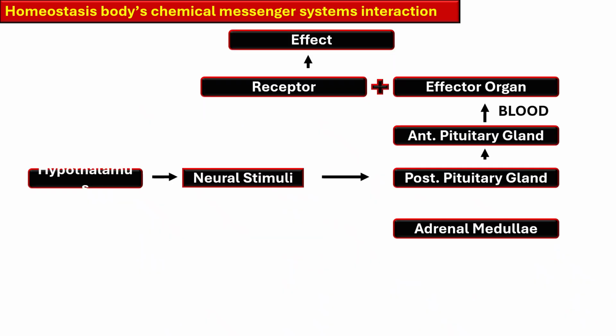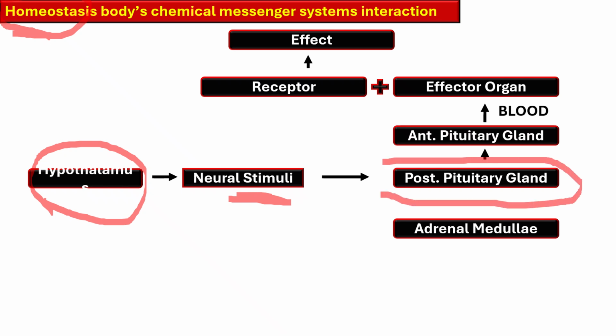How these various chemicals or messengers are involved in homeostasis of the body through interaction: for example, the hypothalamus has some neural stimuli, and the posterior pituitary then secretes a hormone.